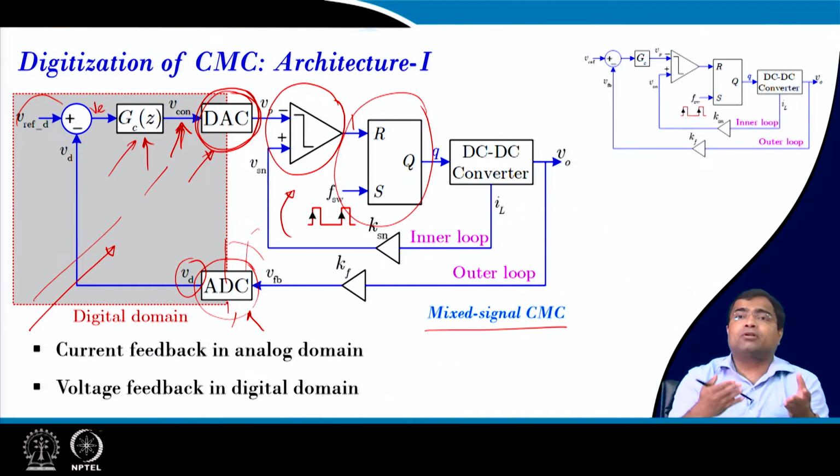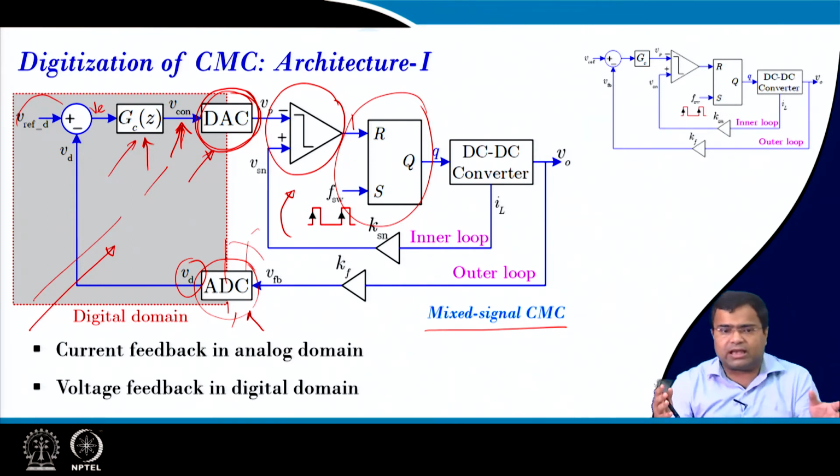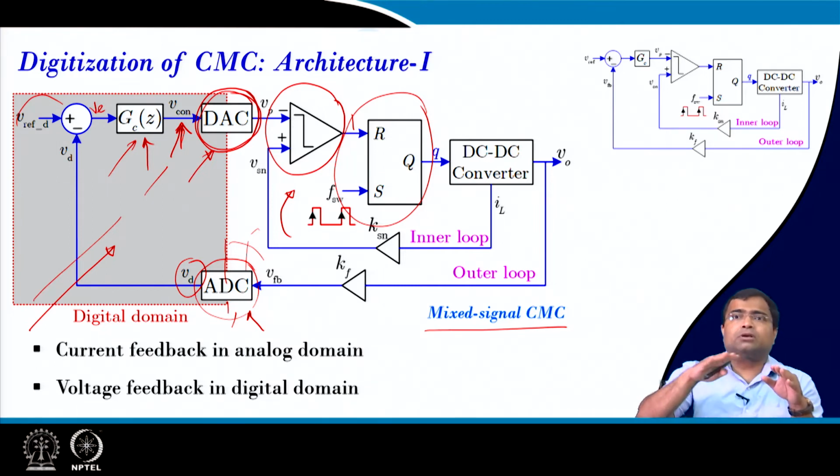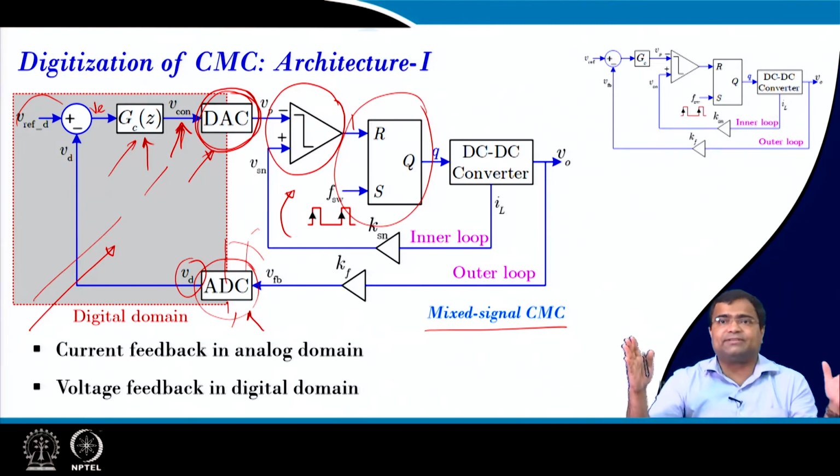Or let us say you are talking about PFM control under light load, because we have discussed, and we will be discussing in this course, and even want to implement, peak current mode pulse frequency control, which will actually increase the light load efficiency.